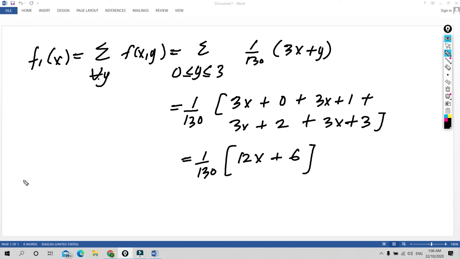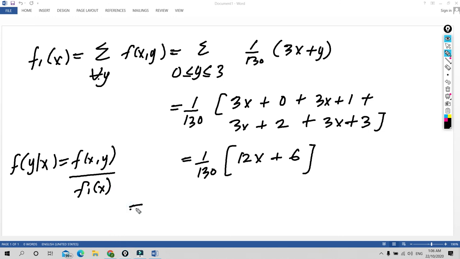F(y given x): the conditional of y given x is equal to f(x,y) divided by f sub 1(x).